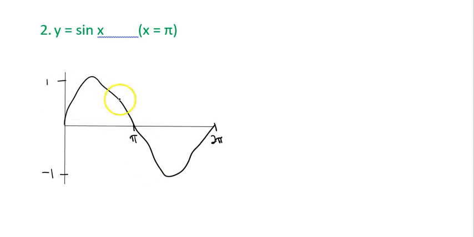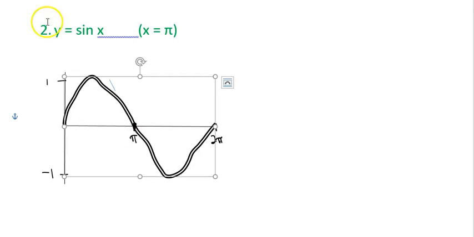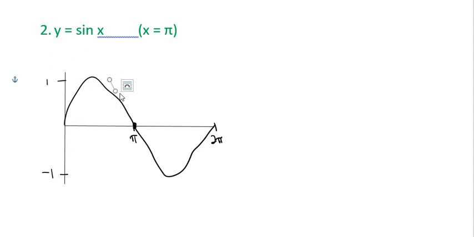And so if you were looking at one in a textbook, this is a lot smoother, but the general idea is at pi you kind of have a downhill slope. So if we want to be tangent at pi, touching in that one spot, it's going to look a lot better on a nice smooth graph than mine, but we'll insert a line and try to pull it to where it's touching only in that one point.